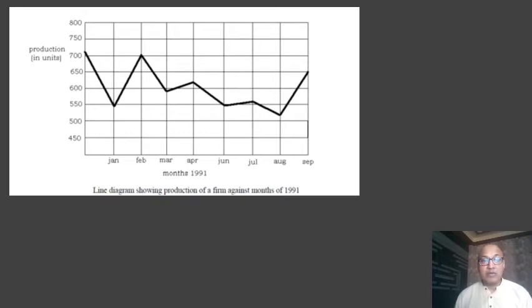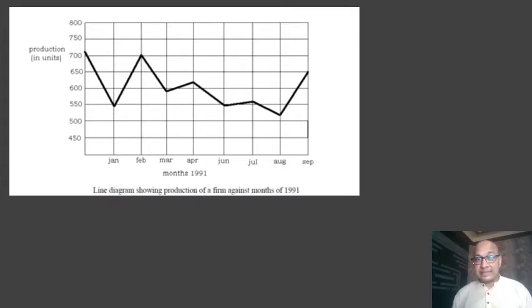The locus of all such points joined either by a curve or by pieces of straight line gives the line diagram. Two types of line diagram are used: natural scale and ratio scale. In the natural scale, equal distances represent equal amounts of change, but in the ratio scale, equal distances represent equal ratios.